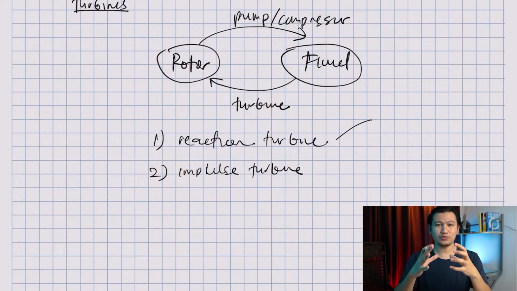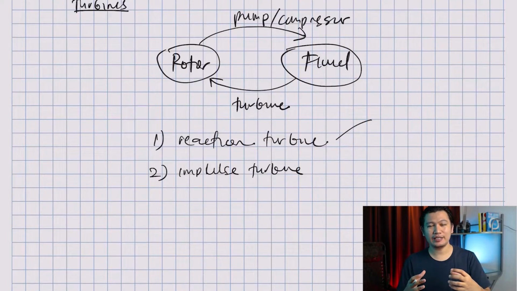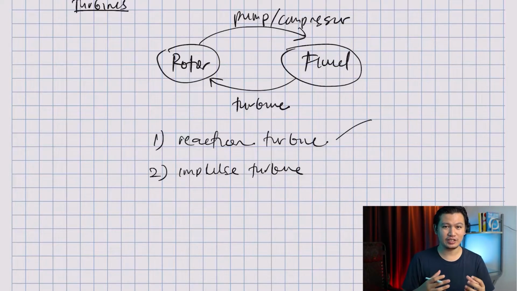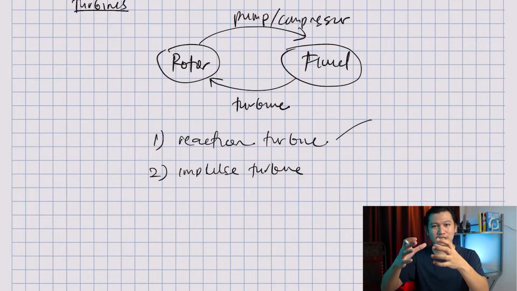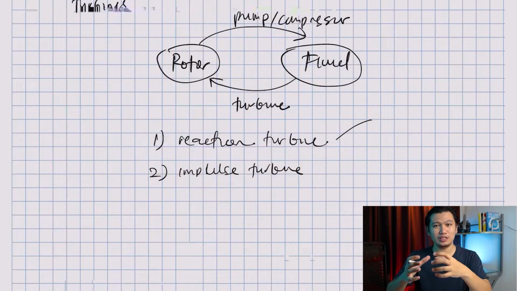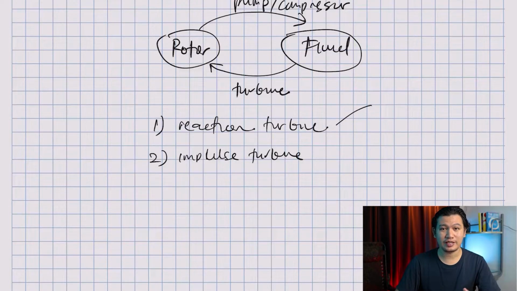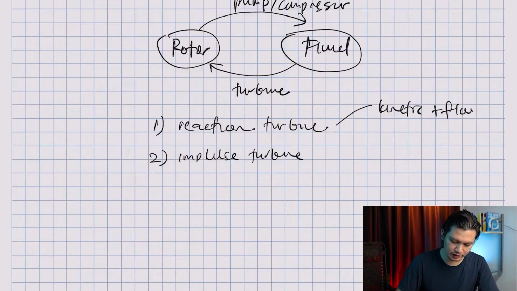This water that has a lot of energy is going to be supplied into the turbine. If the turbine is inside a casing, meaning that the flow energy is still conserved inside the water, not completely transferred into kinetic energy yet, that turbine is called a reaction turbine. So a reaction turbine utilizes both kinetic plus flow energy.